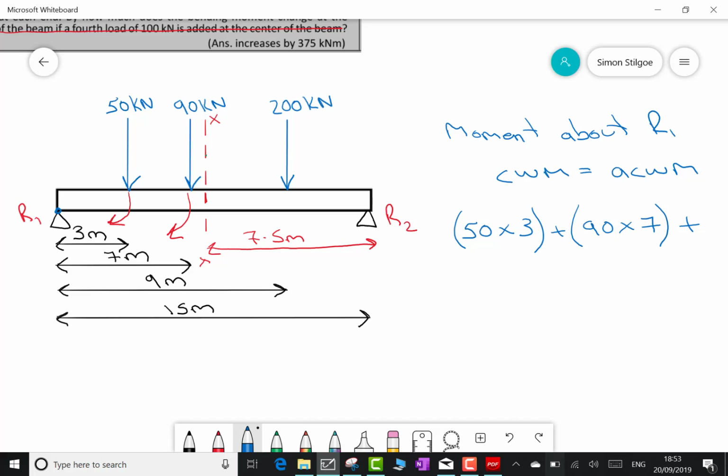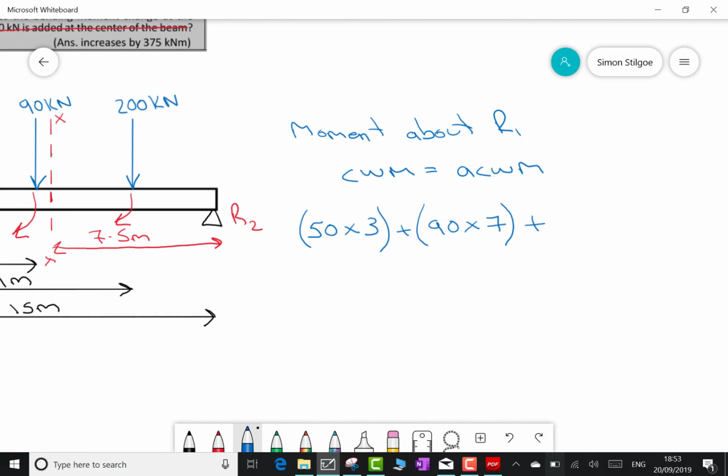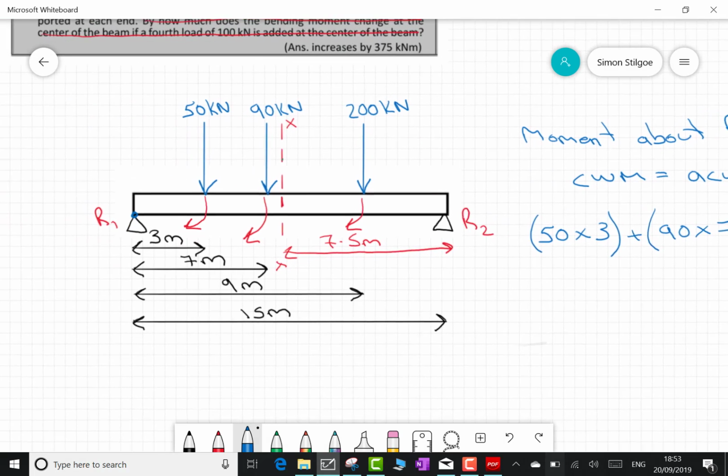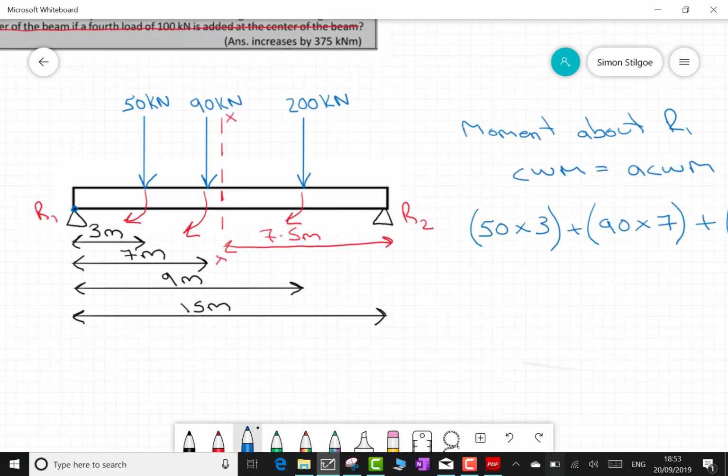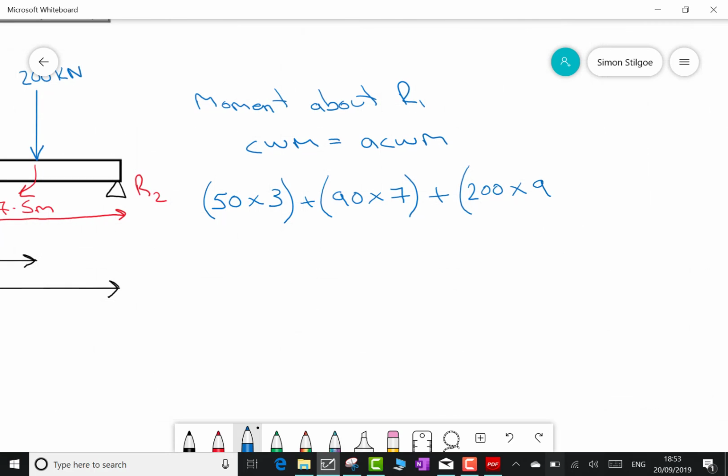Moving to the right of the 90 kilonewton, the next one we hit is 200 kilonewtons. That 200 kilonewtons is also going to turn, with respect to R1, clockwise. So adding this onto my equation, we're going to get 200 multiplied by the distance from the 200 back to R1. Well, once again, that's indicated on my diagram as 9 meters.